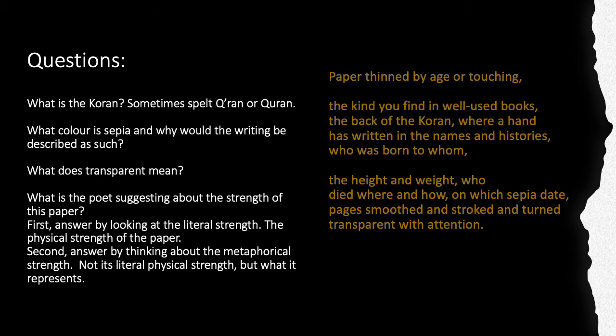And then the final question, this is the thinker. In a moment, pause the video and have a go at answering these questions. This one's the one that you'll need to think about the most. The question is, what is the poet suggesting about the strength of this paper? In this little section of the poem, we hear about the Quran, and about paper that has become thinned by age, by touching, paper that records births, deaths, etc. What is the poet suggesting about the literal strength of this paper is the first part of the question.